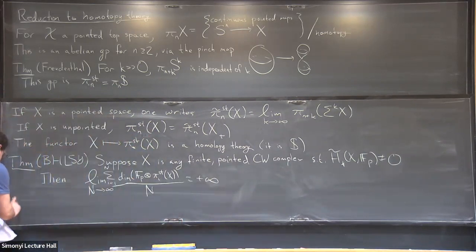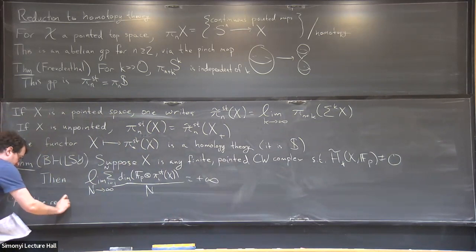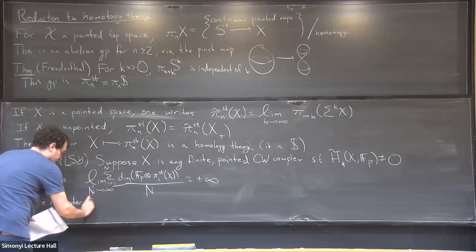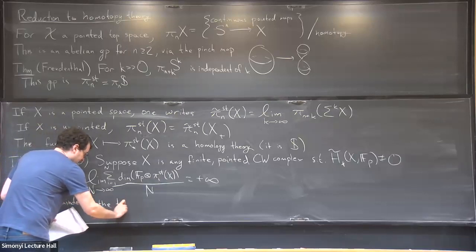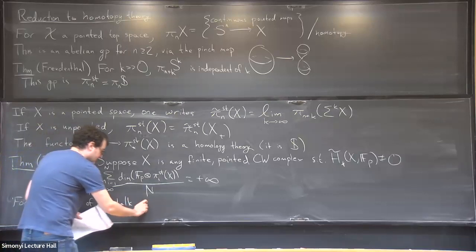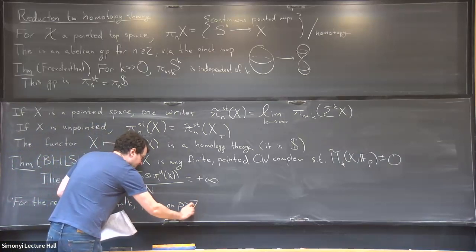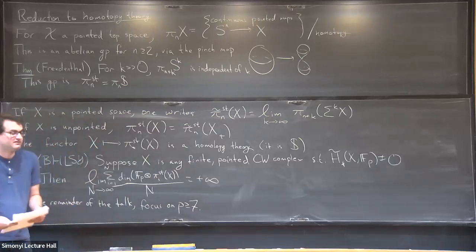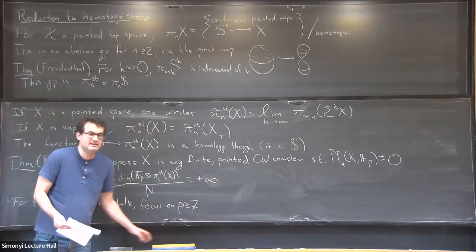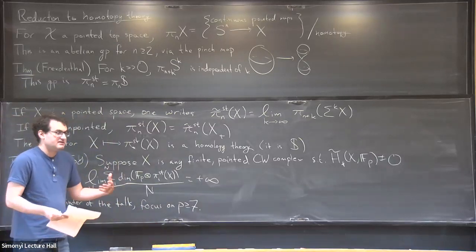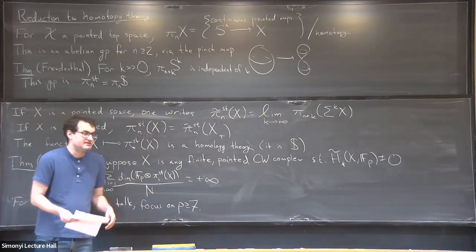Okay, so for the remainder of the talk, I'm going to focus on primes greater than or equal to 7. There are certain statements that just become a little bit cleaner to say at large primes, though none of the results are essentially relying on this assumption.